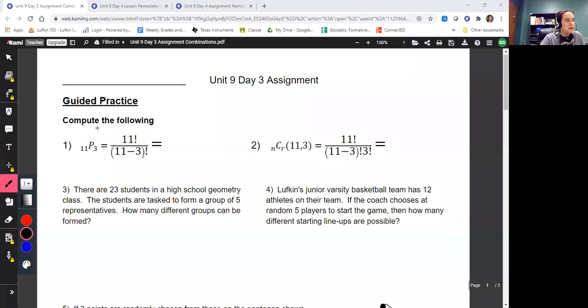Now into the guided practice. So our first one, not dealing with anything with a P, so I'm typing this into a calculator. 11 factorial over parentheses 11 minus 3 factorial. So we'll put your fraction up there first.